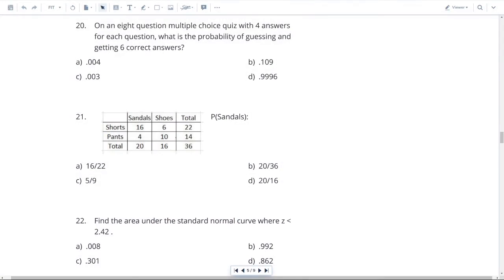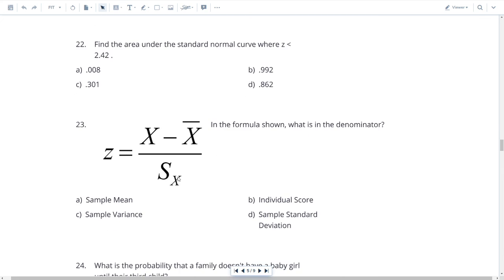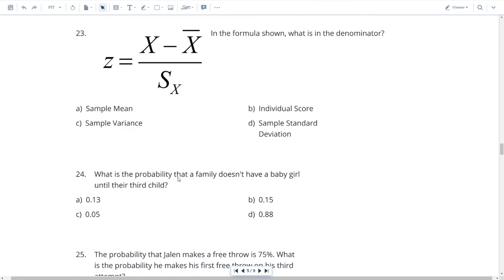Let's change back here. And let's go down to number 23. In the formula shown, what is the denominator? Now, to be very specific, some of you chose sample variance, which is definitely not variance.